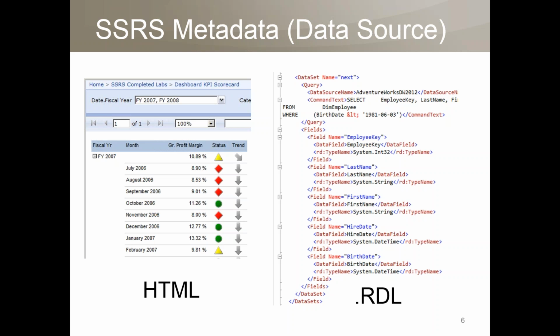So in order to extract the metadata, we essentially go through and parse the RDL as it is deployed to the reporting services database. So not as it is in Visual Studio, but actually when you deploy a report to ReportServer, it ends up in the ReportServer database. And that's where we actually pull this metadata from. So these are deployed reports that we're focusing on for metadata.